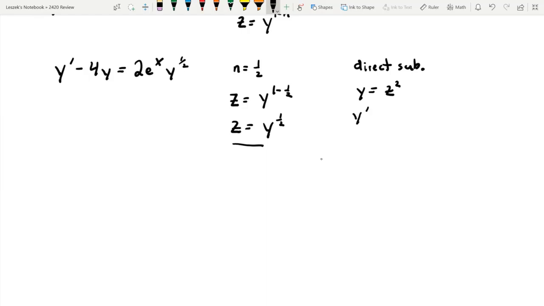And then you can compute y prime, remembering that since y is a function of x, so is z. So you have to use the chain rule there. This is called direct substitution because now you're free to replace y prime and y directly.